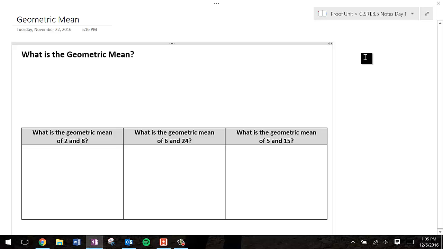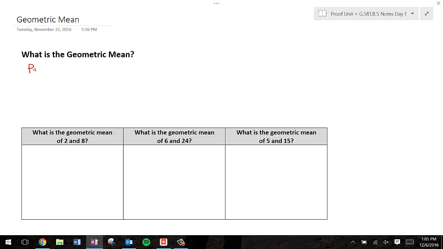So the geometric mean is a proportion where the same value is in the numerator of one of our fractions, or one of our ratios, and the denominator of the other ratio.